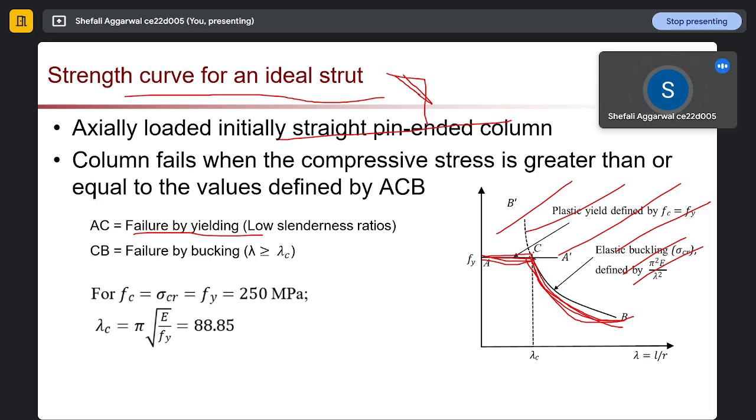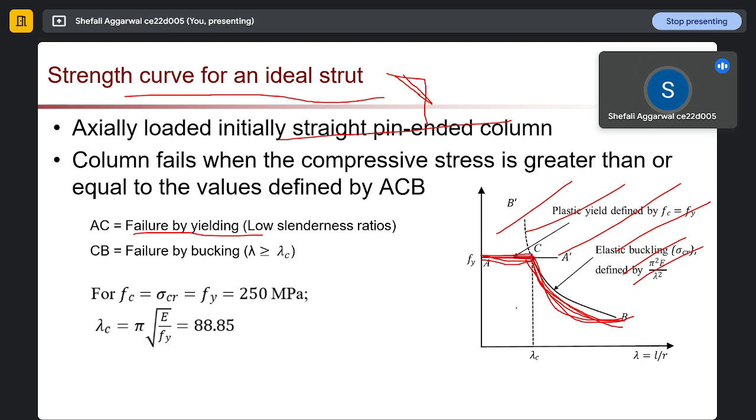In that case, we will have this type of graph where the straight part represents yielding and the curved part represents buckling. For Fc equal to sigma cr, our lambda c will be pi root of E upon Fy.